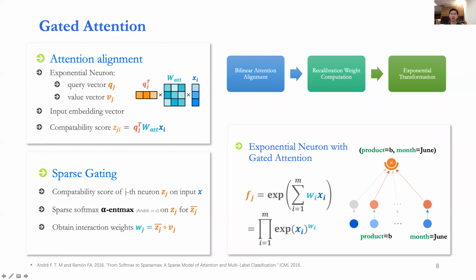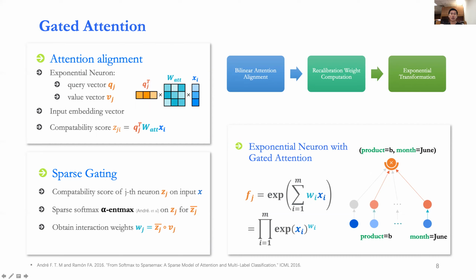First, bilinear attention alignment, which is to obtain the compatibility score between each exponential neuron and input. And second, recalibration weight computation, which is to calculate the interaction weights dynamically. And finally, the interaction weights are sent to exponential neurons to assemble the cross features adaptively. Now let's look into details of each step.